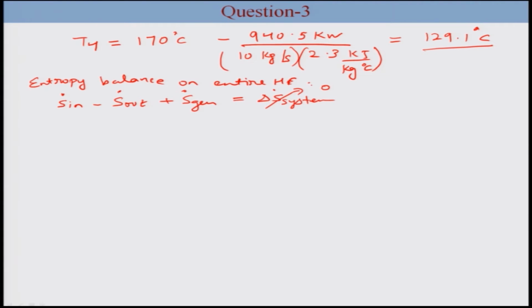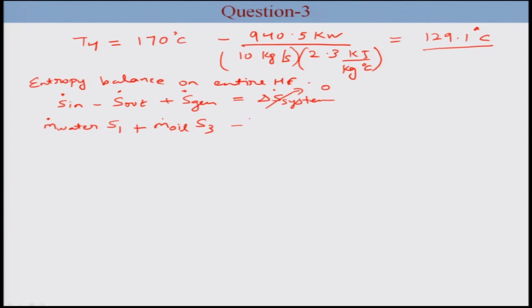So, the entropy which is entering is mass flow rate of water multiplied by the entropy at point 1, plus, along with oil, the entropy which is entering is mass flow rate of oil multiplied by S3.